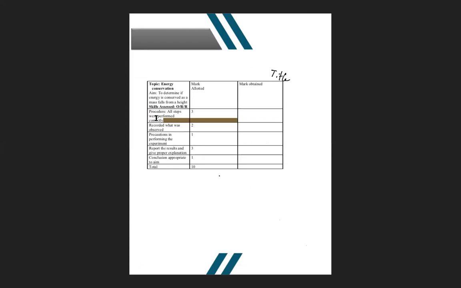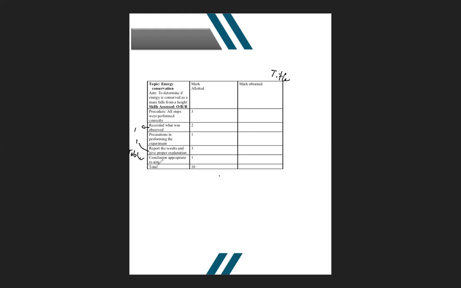So you should have your procedure. I also split this again the same way. It's the same type of mark scheme. One of these goes towards recording what was observed in your table, and then one of these goes towards your table as well.